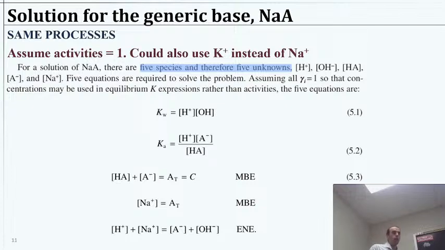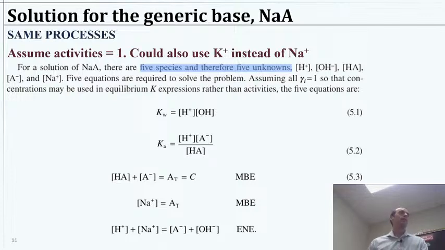Okay, briefly, we'll mention that we can do the whole same thing with bases, and it's going to be quite the same. Now, typically we'll use sodium, so NaA, instead of having the proton there, HA, we have sodium Na. Now we could use potassium, K+, just the same way, because Na or potassium or whatever is really just going to be a spectator ion.